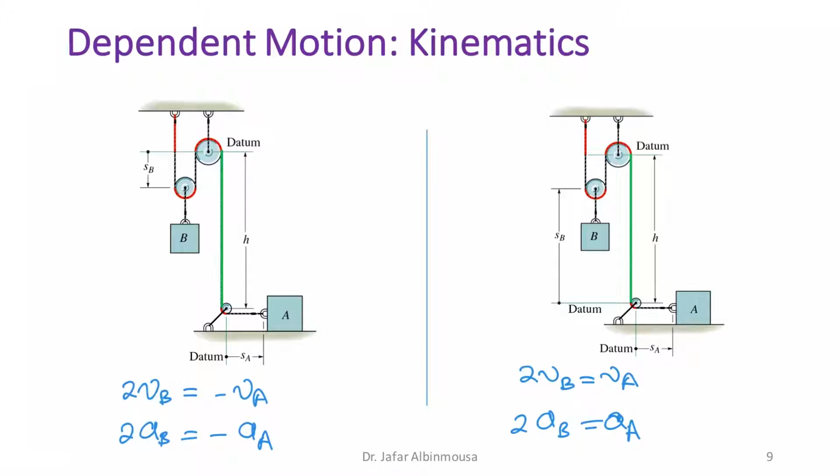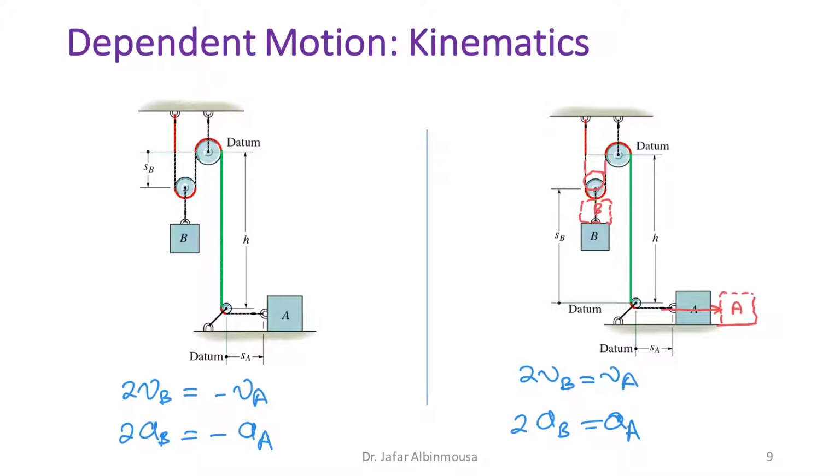Very simple. If you look at this, if block A moved in the positive direction, so if block A moved here, that's A, then what's going to happen to block B? It's going to move upward. And of course, the pulley is going to move here, and these two lengths will get shorter.